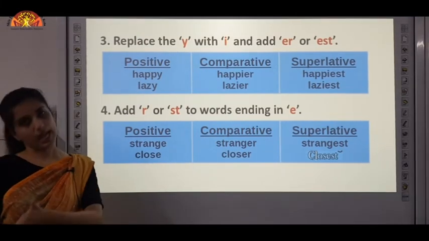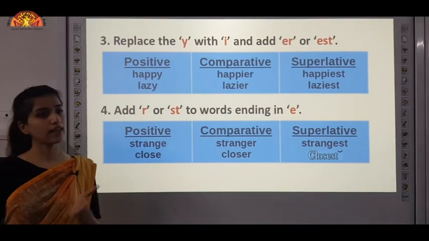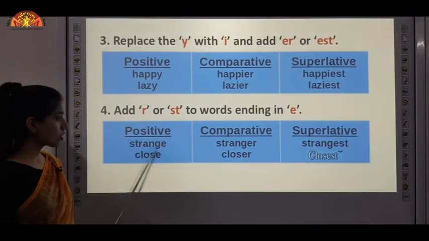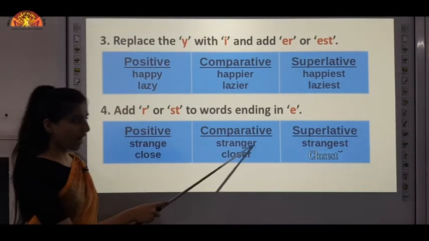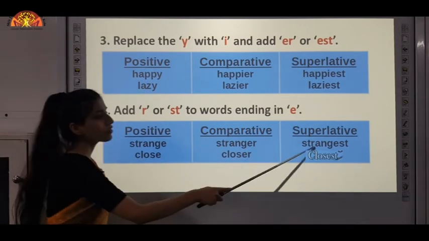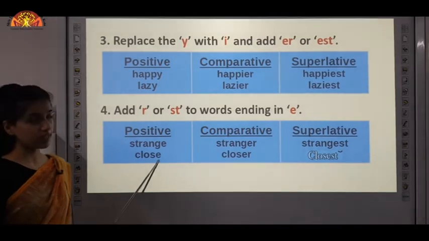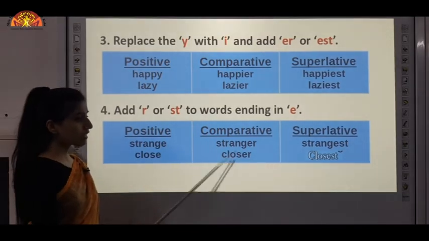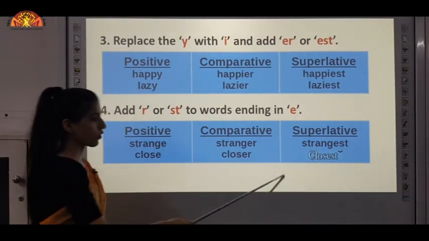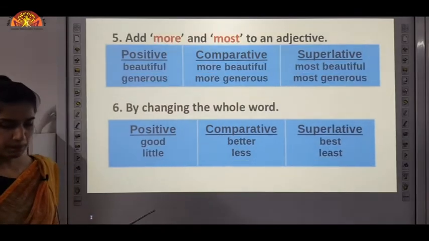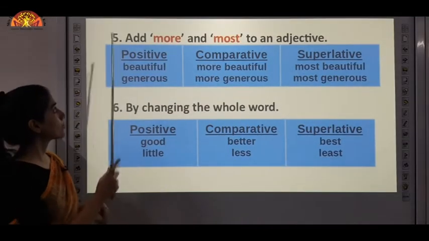Nothing to replace, you just have to add r and st to form their comparatives and superlatives. Strange is ending with e, so r is added: stranger and strangest. The second is close, also ending with e, so I have added r and st: closer and closest.